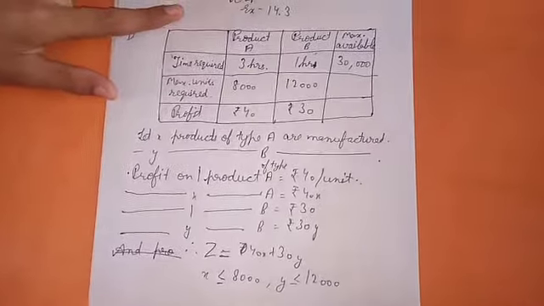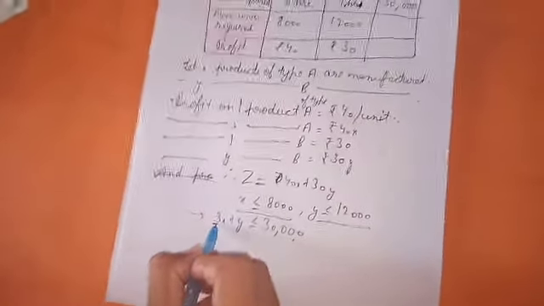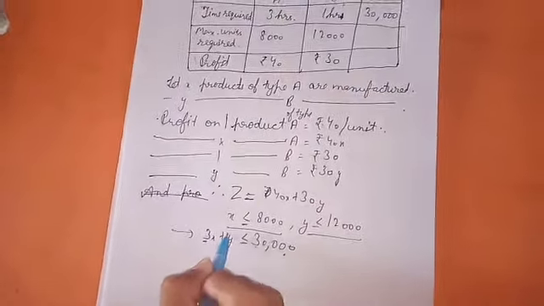The first two are the number of products that are required in the market, and the last is the total working time for the men who will manufacture it, and this is the time required by one product of type A and one product of type B in production. I hope you understood it.